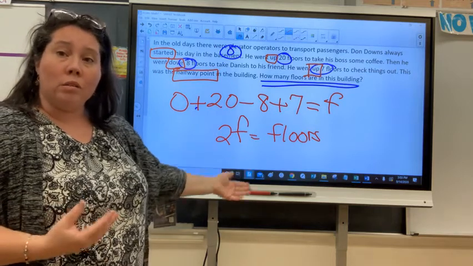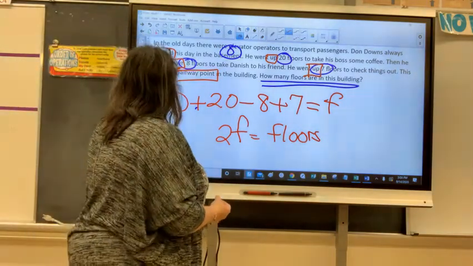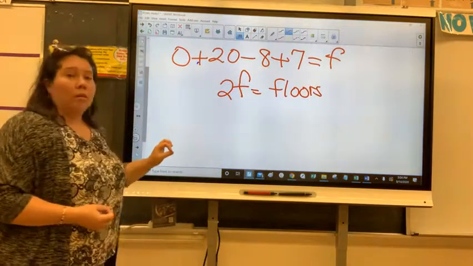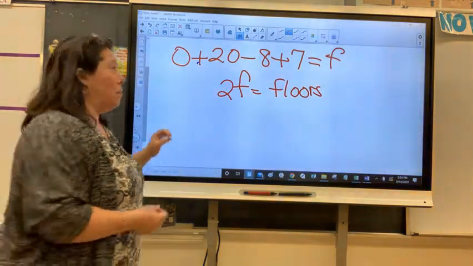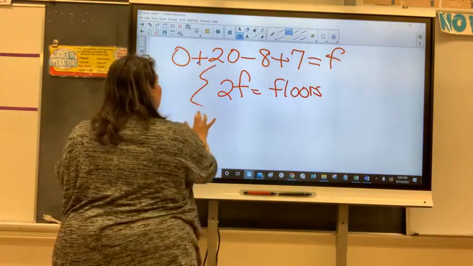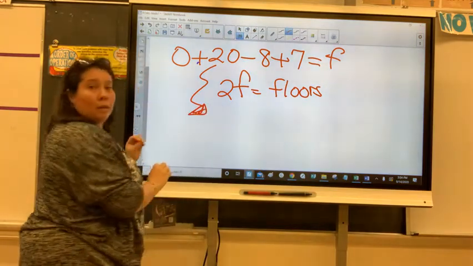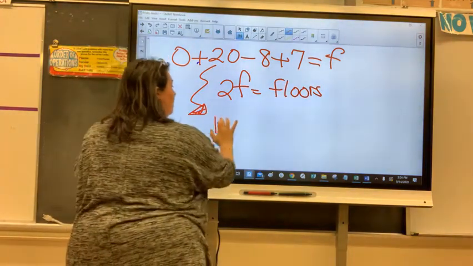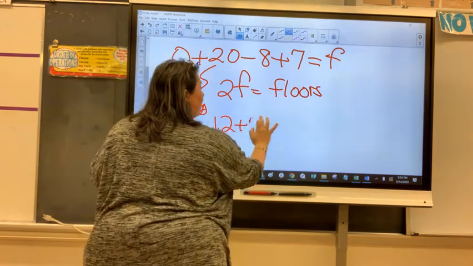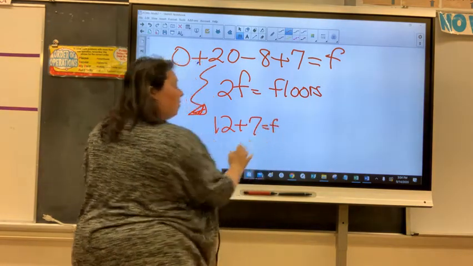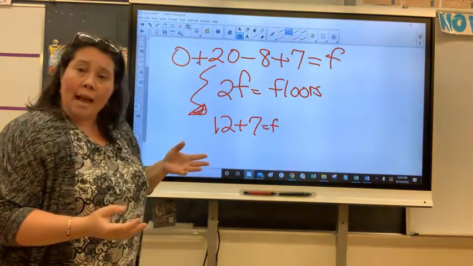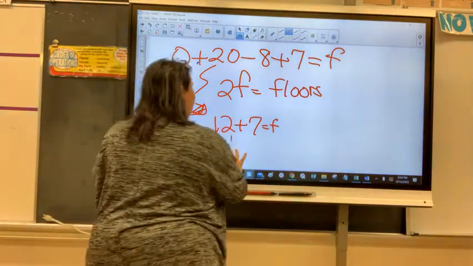So now we're going to solve it. 20 minus 8 is 12. 12 plus 7 equals F. Well, you add those two numbers together and F is 19.